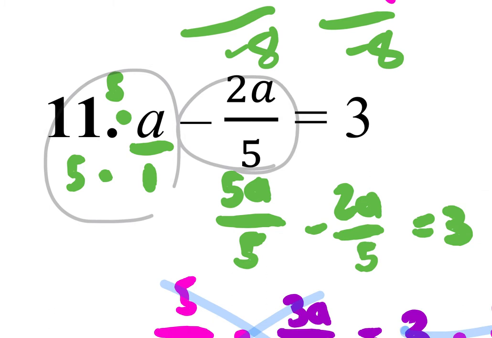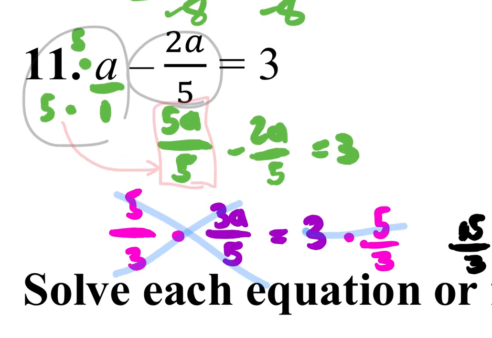Because I need to subtract 2a over 5, what I chose to do is to get this a over 1 to a denominator of 5. So here is my 5a over 5, because 5a divided by 5 is just a. But now it has common denominators, so that I can do 5a minus 2a to get the 3a.